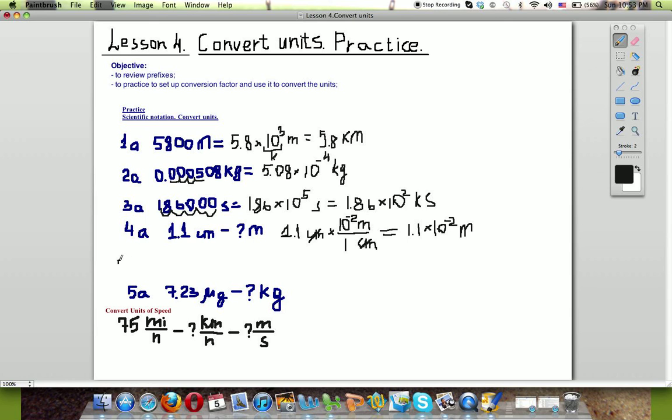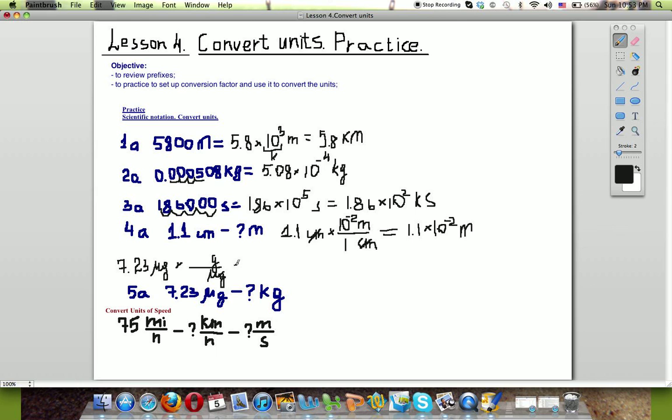So 7.23 microgram. To make a conversion factor, I'm going to multiply it, and at the bottom I'm going to put micrograms, and on top I'm going to put grams.